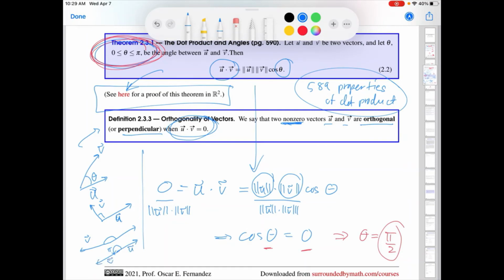If I keep going and I try to make it bigger than 180 degrees, then, well, theta is supposed to be the angle between the two vectors. This would not be what I would call an angle between the two vectors, right? That doesn't make a lot of sense. This is what I would call the angle between the two vectors.